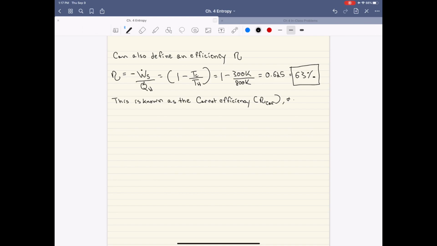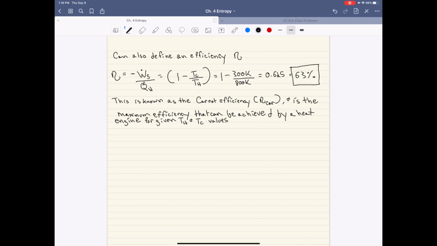And this Carnot efficiency is the maximum efficiency that can be achieved by a heat engine that has a given TH hot reservoir temperature and cold reservoir temperature.